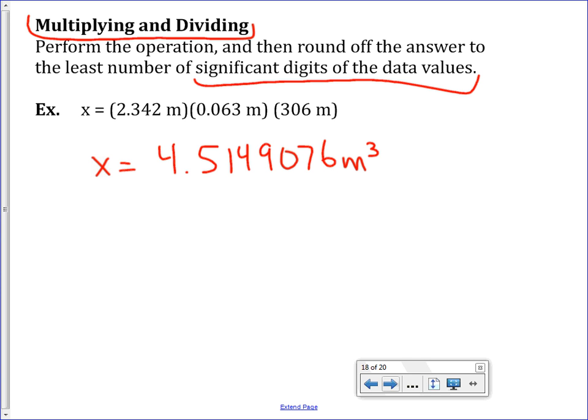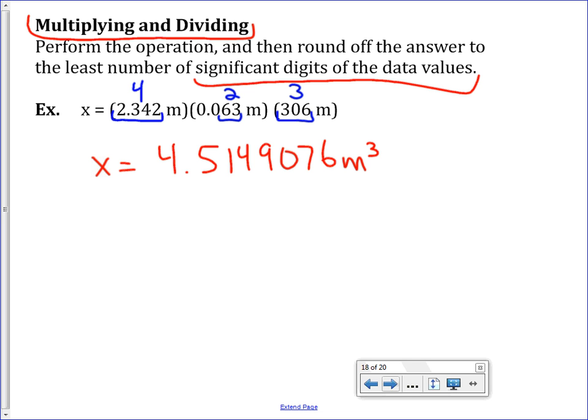So how do we determine how many numbers to carry? We have to go back and look at the numbers that we used in our calculation. Going through each of the numbers, determining the number of significant figures, the 306 meters has a total of 3 significant figures. The 0.063 meters only has 2 significant figures. Our 2.342 meters has a total of 4 significant figures.